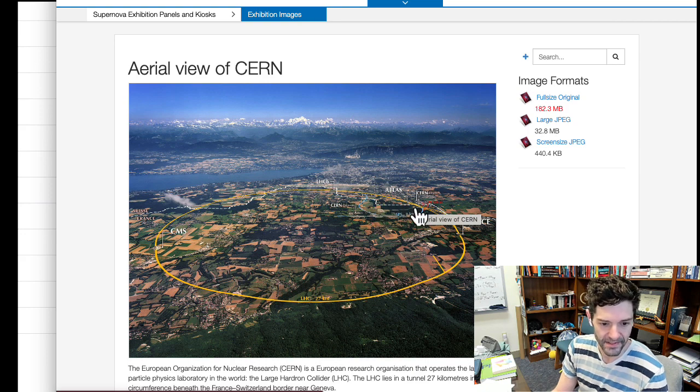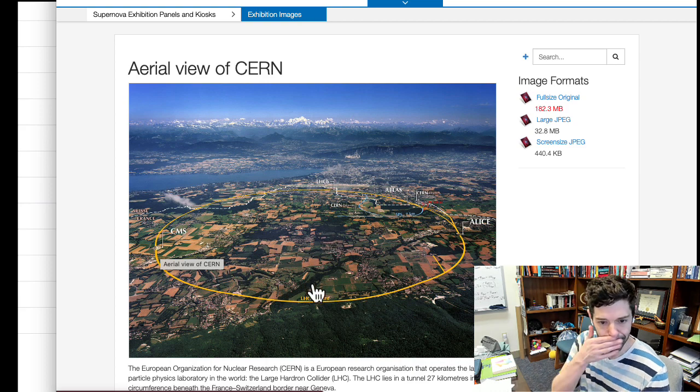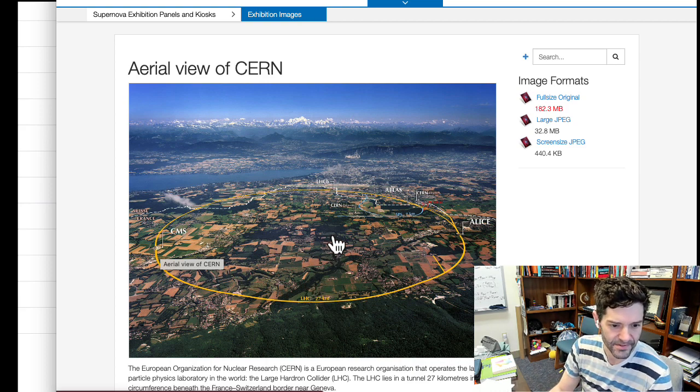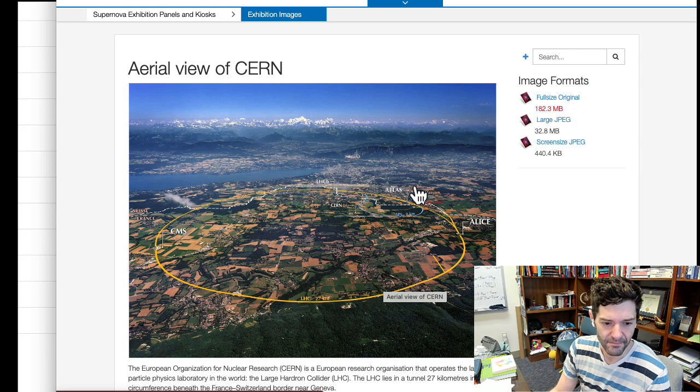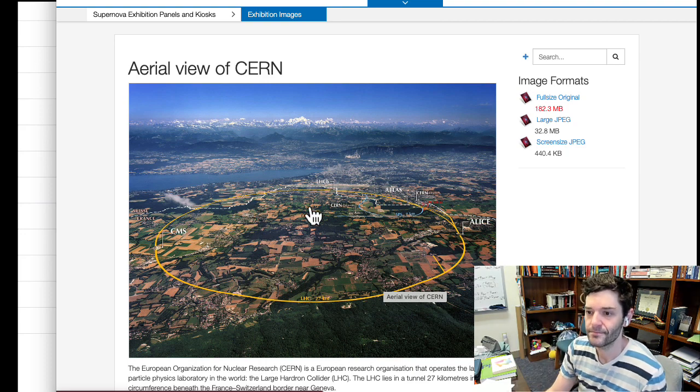And there are other devices that, through mostly magnetic fields, can channel things into this bigger loop. It's 27 kilometers, I believe, in radius, something like that. Maybe that's circumference. But you can see it's built underground, underneath whatever's going on on the surface.